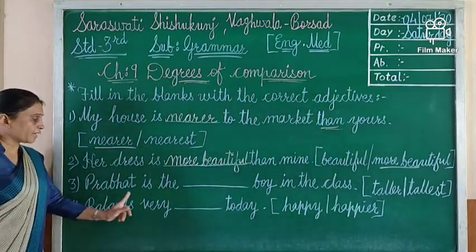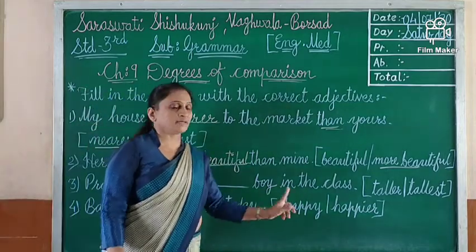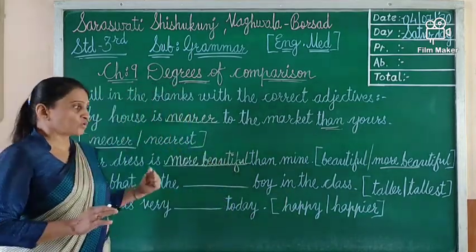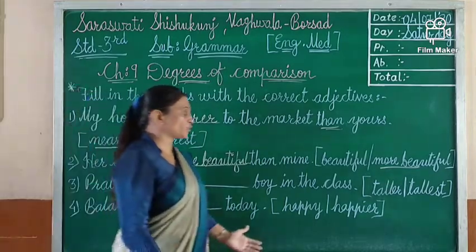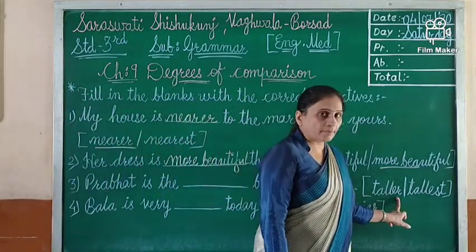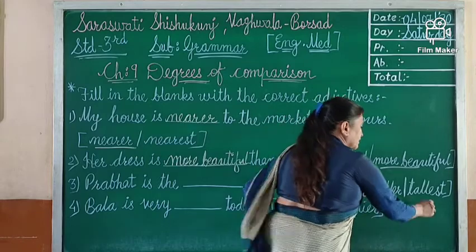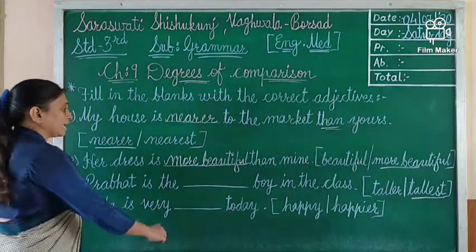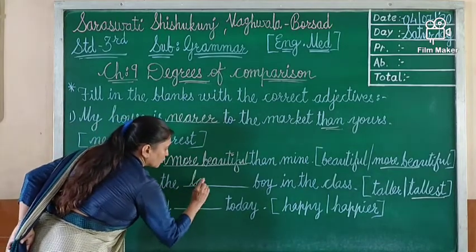Number three: Prabhat is the dash boy in the class. In the whole class, only one name, Prabhat. So it is the superlative degree, and you can't write the comparison word with ER. You have to write tallest, because Prabhat is tallest in the class.